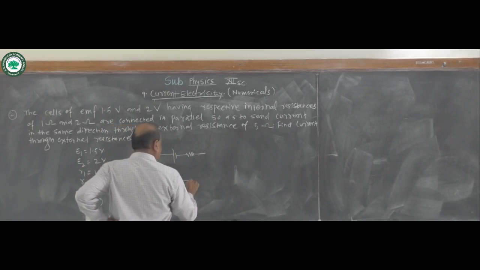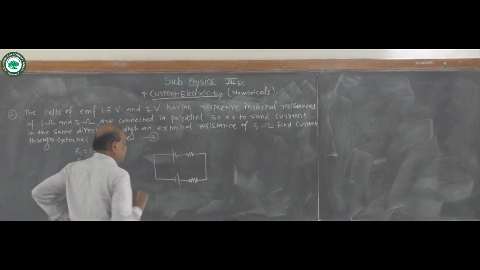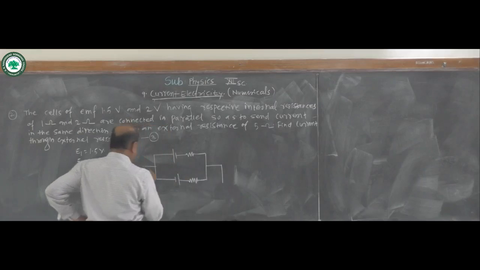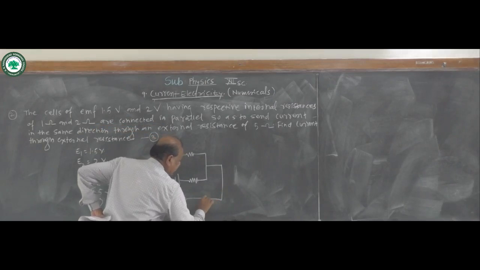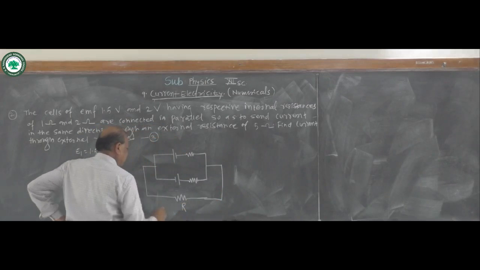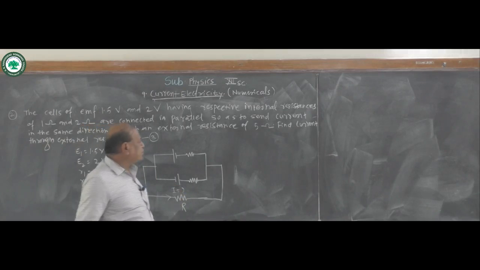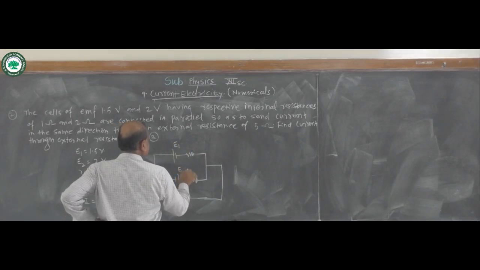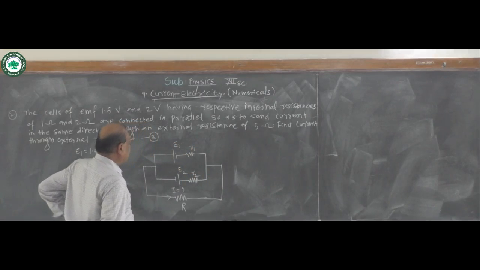Now both currents are in the same direction, therefore the battery connections are in a reverse way. Now this parallel combination is connected to the external resistance R, and we have to calculate the current flowing through this resistance R. Okay. Now this is E1, this is E2, this is R1 and R2.